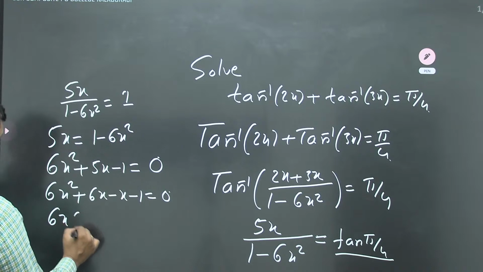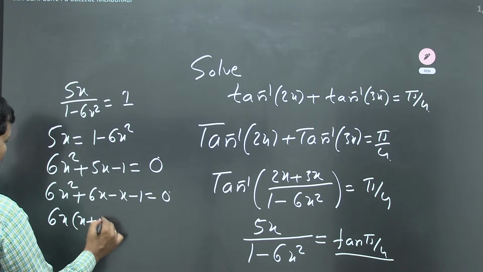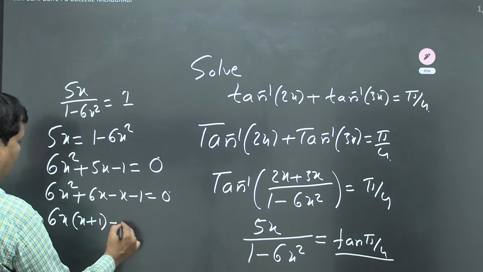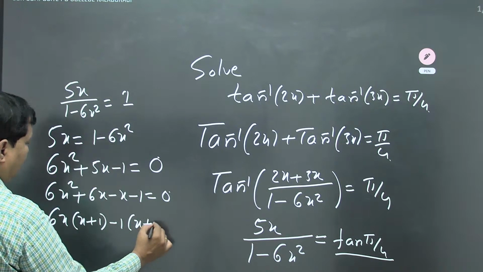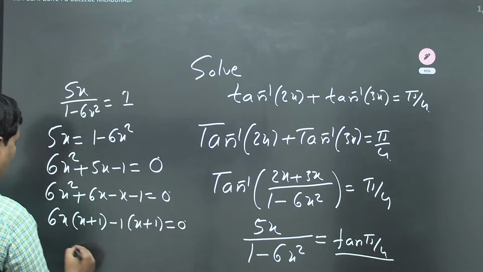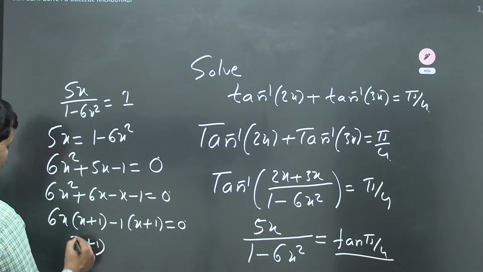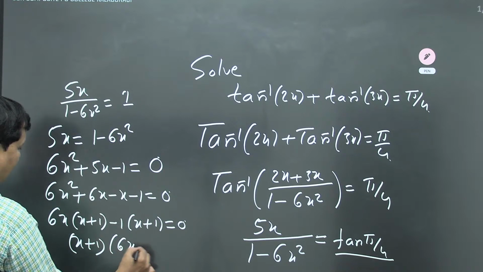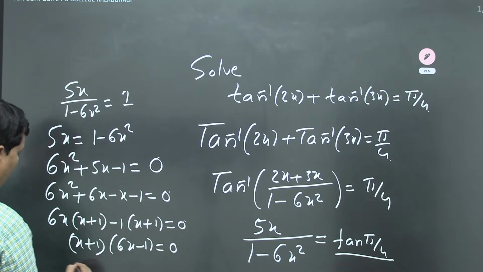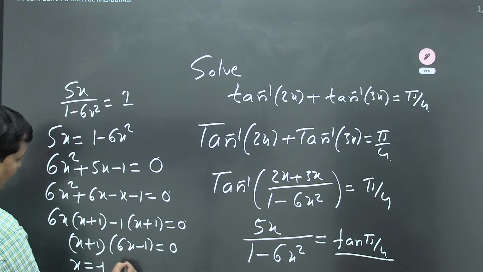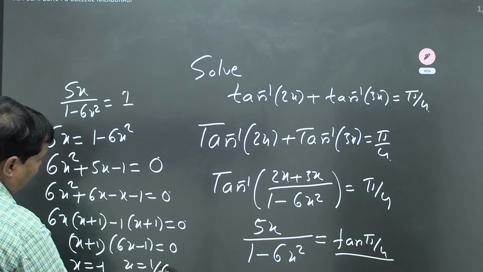Take 6x common here: 6x into (x plus 1) minus 1 into (x plus 1) equals 0. So (x plus 1) into (6x minus 1) equals 0, or x equals minus 1, x equals 1 by 6.